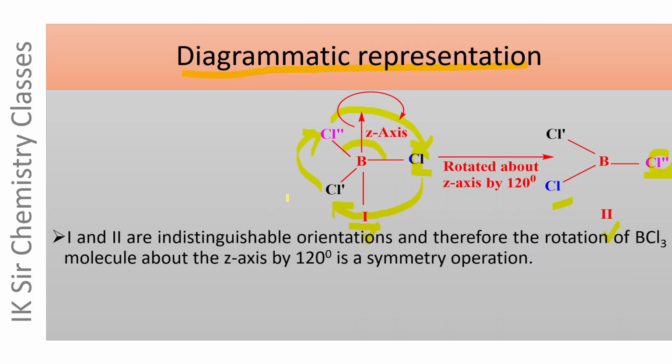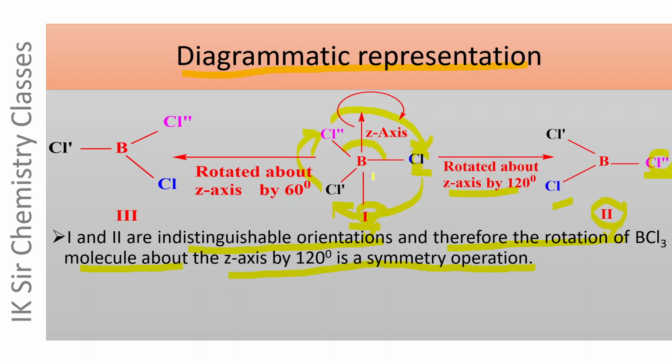Thus we can say that 1 and 2 are indistinguishable orientations, and therefore the rotation of the BCl3 molecule about the Z axis by 120 degrees is a symmetry operation, because this movement of the molecule leads to a new orientation which is indistinguishable from the initial one.